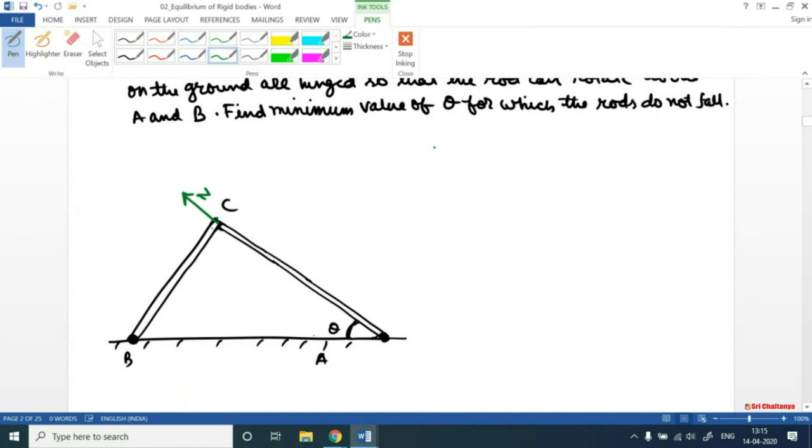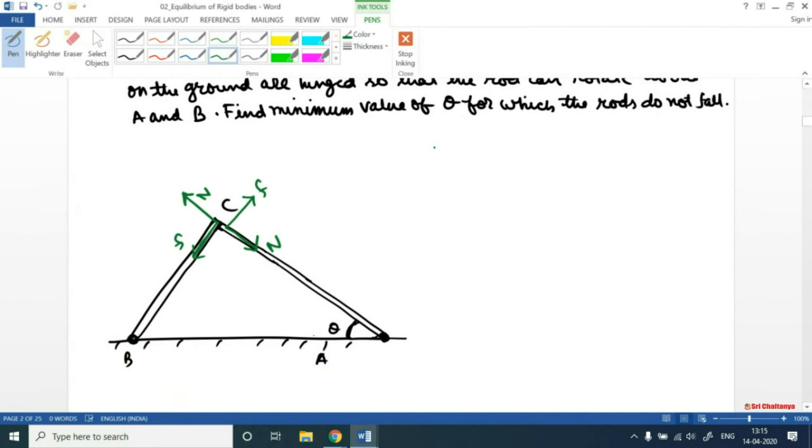So the normal on the left rod would be in this direction, that is N, and the friction acting on this rod would be in this direction, that is F. This action-reaction pair of normal and friction I have drawn over both the rods.